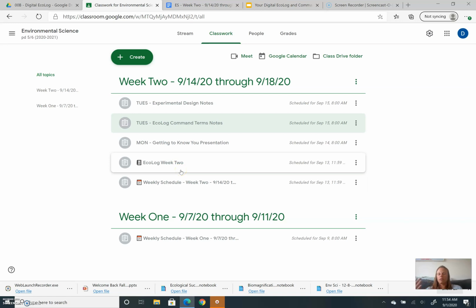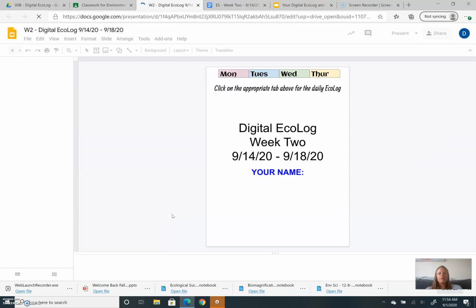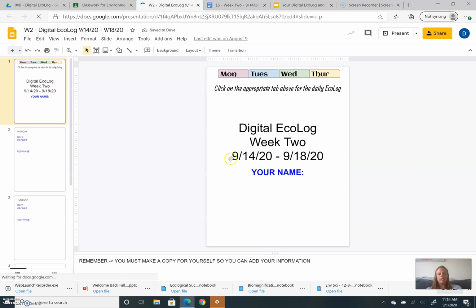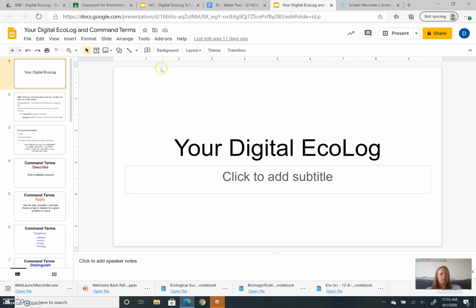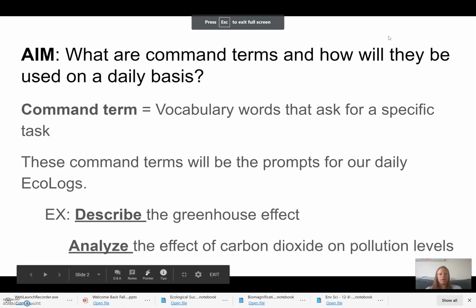So it'll say EcoLog week 2, EcoLog week 3, and we can click on it and we can open up the digital EcoLog and see what it means. So before we actually jump into the digital EcoLog, let's first discuss what something known as command terms mean. So let's start learning about your digital EcoLog.